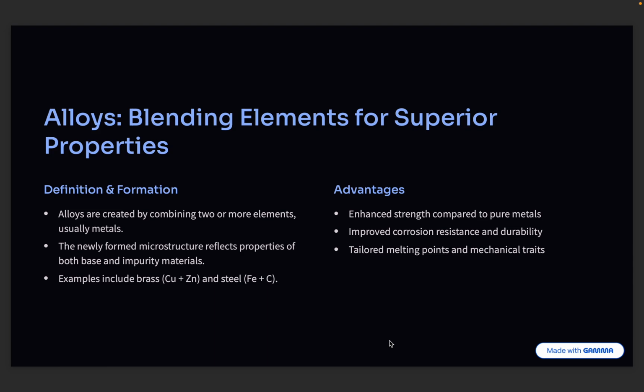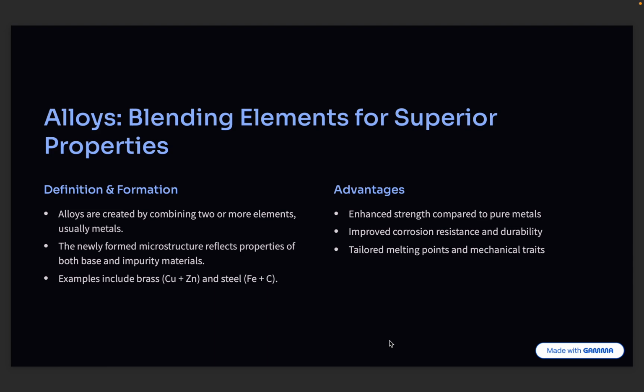The newly formed microstructure reflects properties of both the base and impurity metals. When we put an impurity element in a base metal, the impurity makes a bond, mingling with the base metal, and the result reflects the properties of both elements, the base metal and the impurity element.